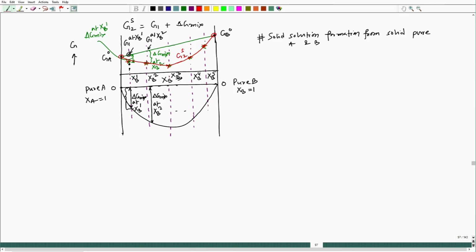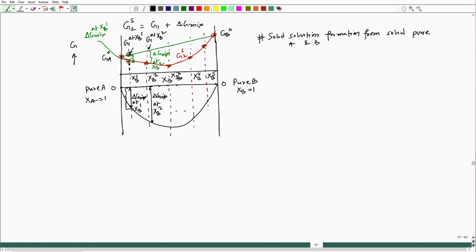We could see that G2 solution is simply the arithmetic addition of the G1 line at different conditions and delta G mix at those different compositions. We find all those locus points, join them together, and get the plot for G2.